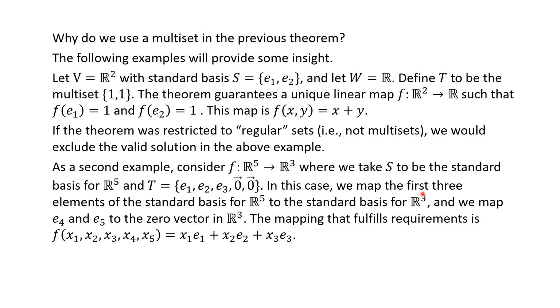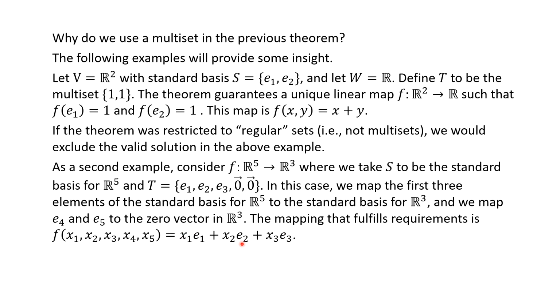In this case, we map the first 3 elements of the standard basis from R5 to the standard basis of R3, and we map E4 and E5 to the 0 vector in R3. And the mapping that fulfills this is f of (x1, x2, x3, all the way up to x5) equals this expression here.